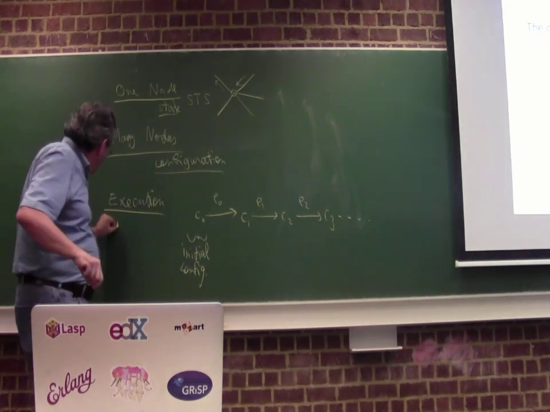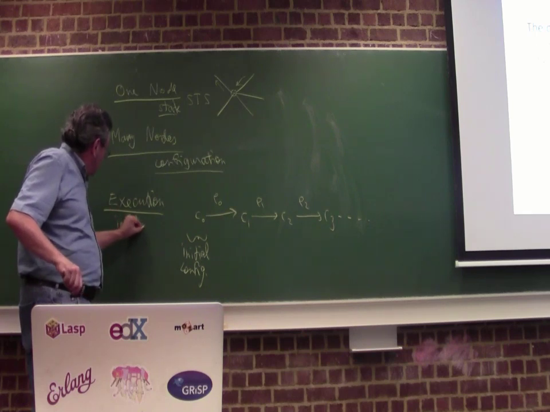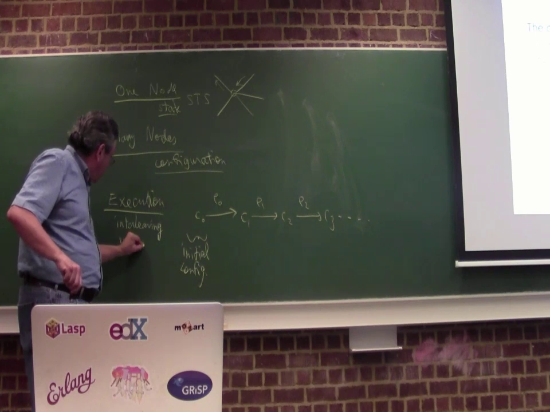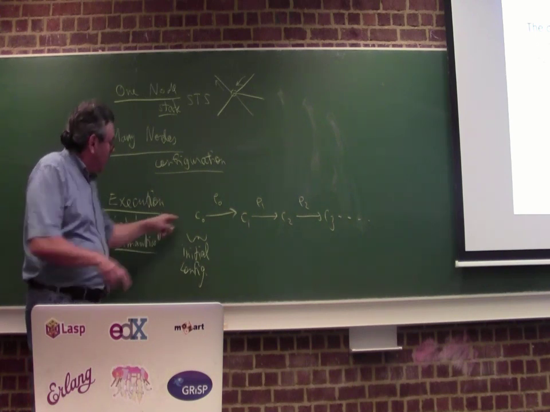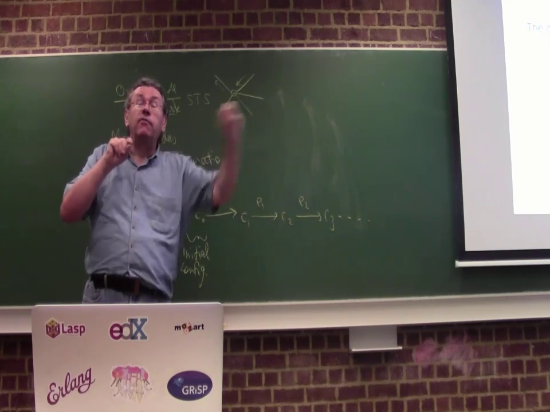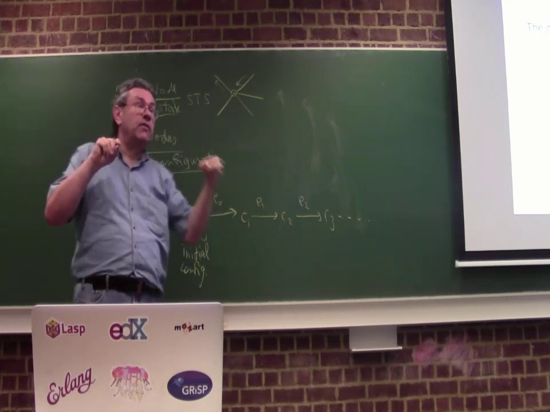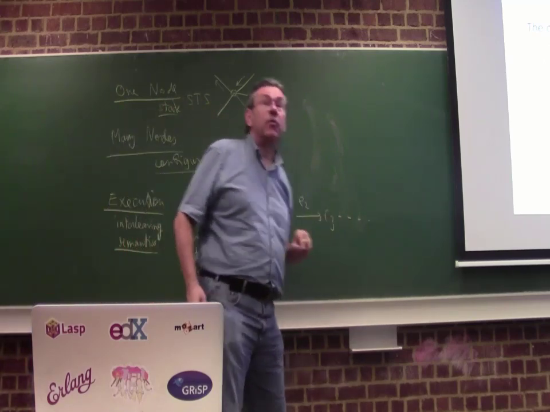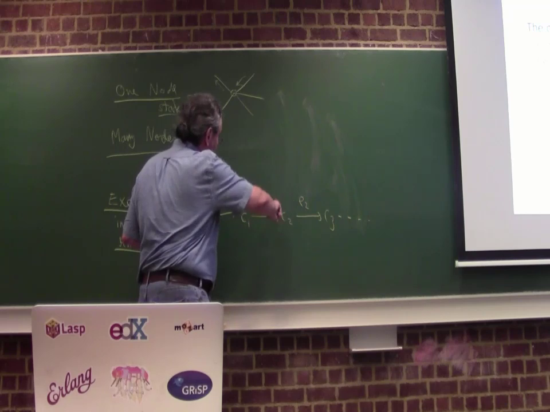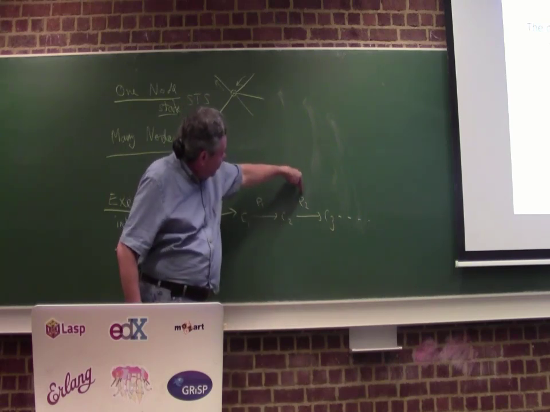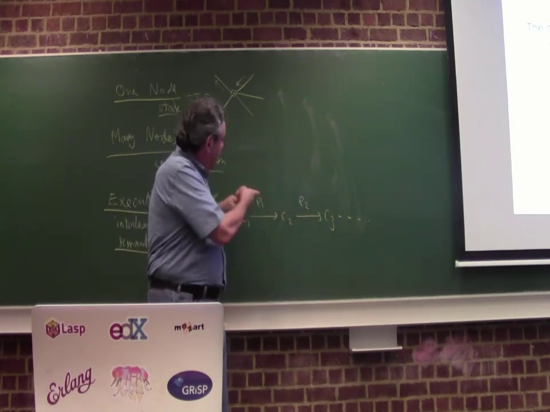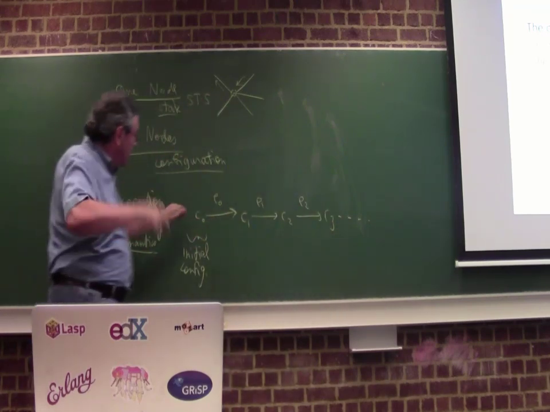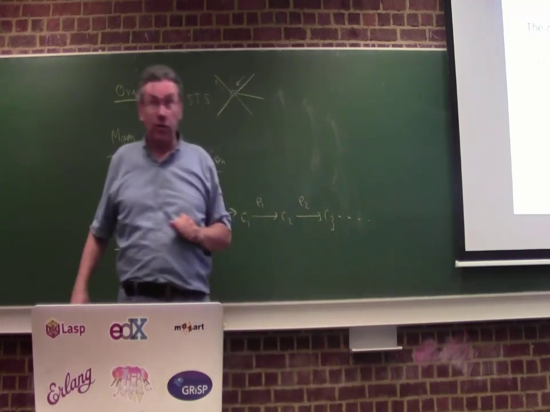So this is actually what's called an interleaving semantics, because we're interleaving the execution of all the nodes. Each node is executing by itself, sending messages, doing local computations. All of that we're going to summarize in a single sequence. So maybe the order can change. Maybe E1 is before E2, or E2 is before E1, so there can be many possible orders. But conceptually, it's as if there's one order.